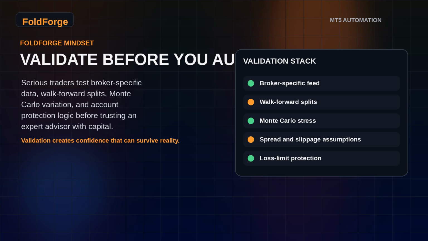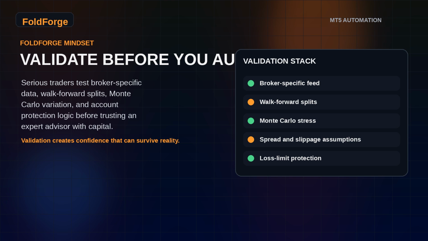They ask whether the logic survives broker-specific data, whether the backtest survives walk-forward analysis, whether the strategy survives Monte Carlo stress, and whether the risk controls are strong enough to protect the account when market conditions degrade. That is the difference between building a bot and building a validated trading system.